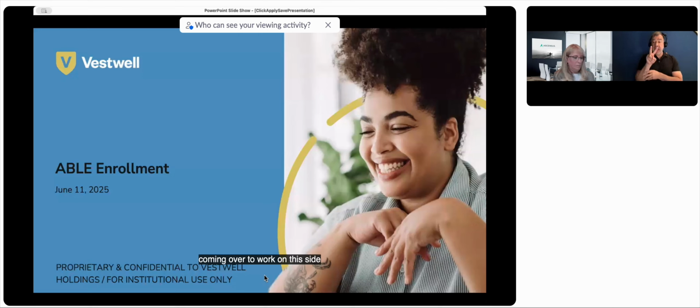Vestwell is very passionate about ABLE. In fact, an ABLE state program was the very first program that we built on our platform. So we built it with ABLE in mind, and we continue to enhance the program with ABLE in mind to make it an even easier tool for individuals to use. If we could go to the next slide.